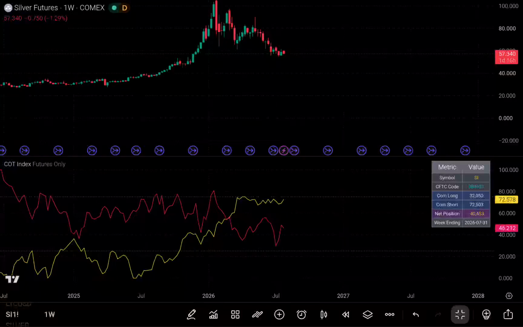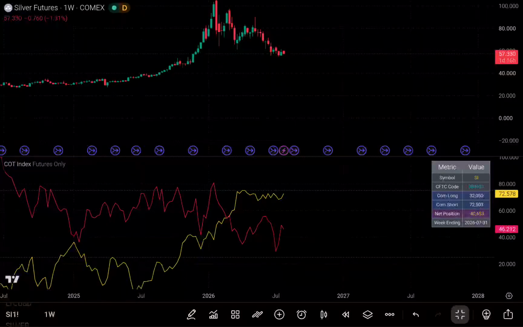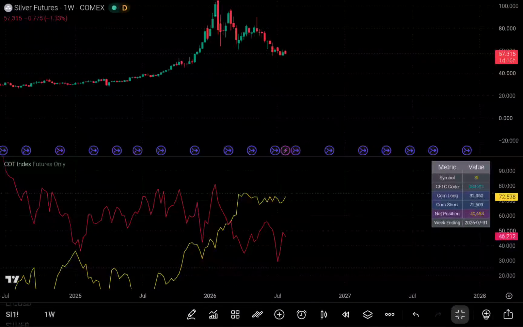So now we have two of these. This yellow line actually represents the commercials, big commercials. What do I mean by that? Commercial traders are actually big companies, like companies that actually mine silver, or companies that actually buy silver, like Apple, or any other electronic companies. So these are categorized as big companies, commercials.